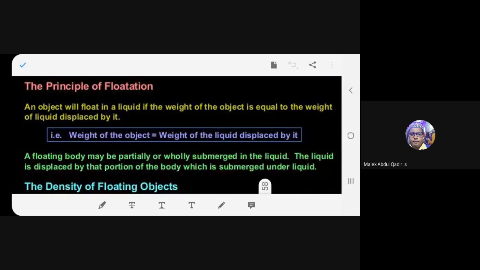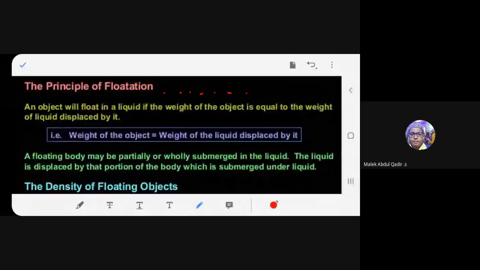Because this is water and this is the object, so it is displacing the liquid by this immersion of the object.